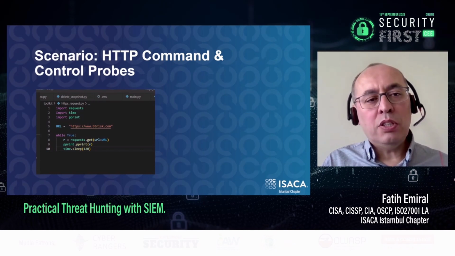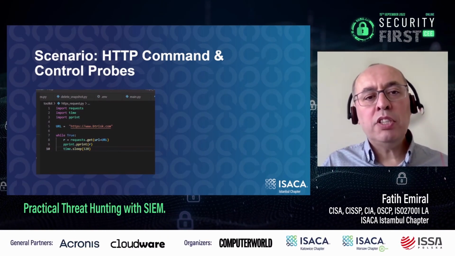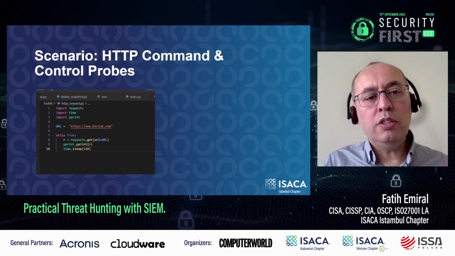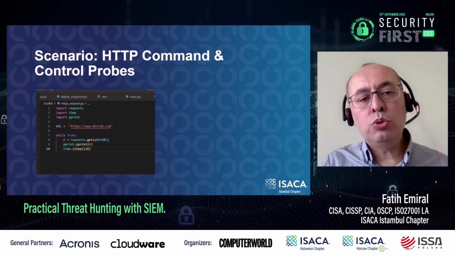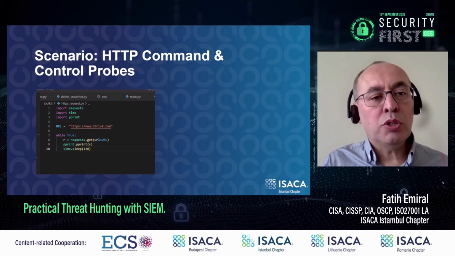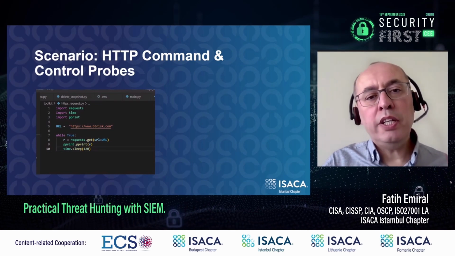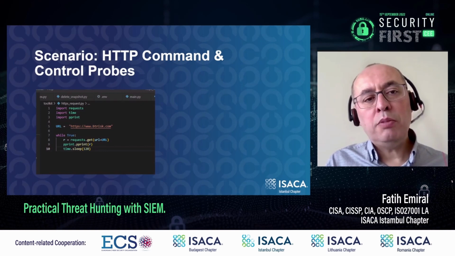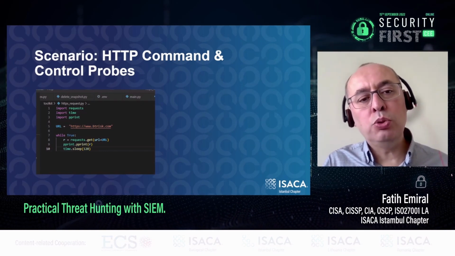I will continue with the HTTP C2 activity in our network. In a malicious software trying to communicate with its command and control server, it most probably will be trying to communicate with the C2 server every certain amount of time, but it will not be similar to a user activity.